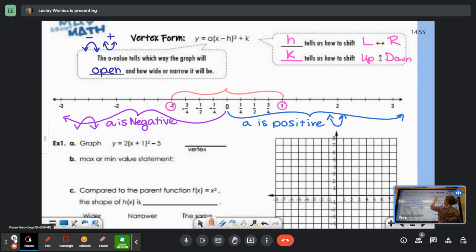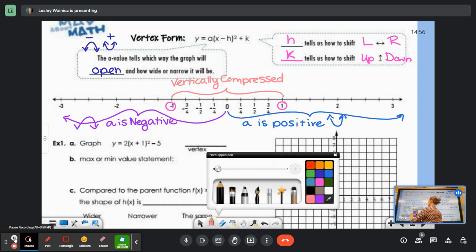This gives us our vertical compressions. So these same things in our linear unit gave us those really flat slopes where we had a lot more change in x and very small change in y.